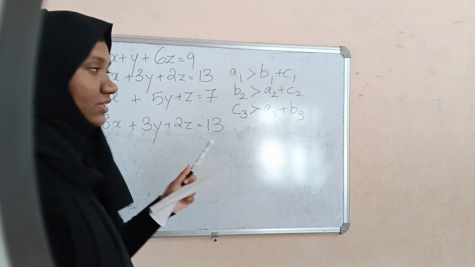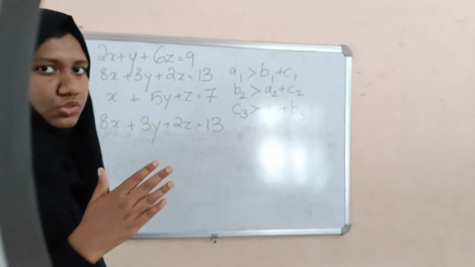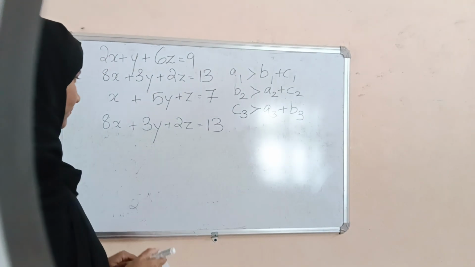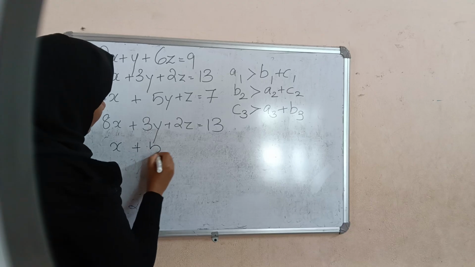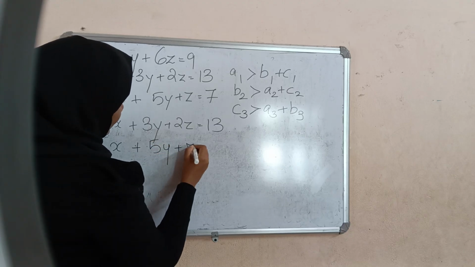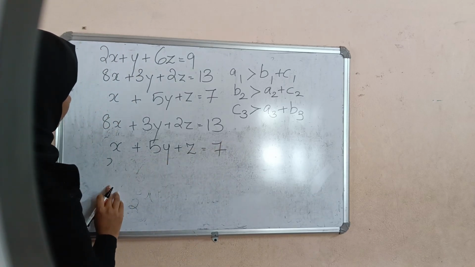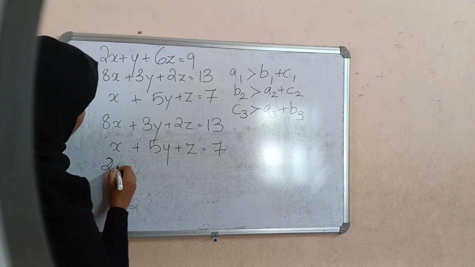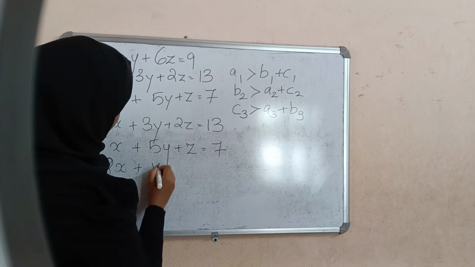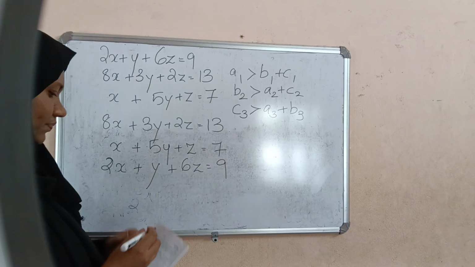This is very important. Without checking whether it is diagonally dominant, you don't do the calculation further. So let's interchange: x plus 5y plus z is equal to 7, and 2x plus y plus 6z is equal to 9.